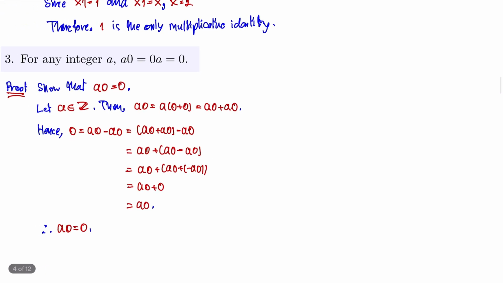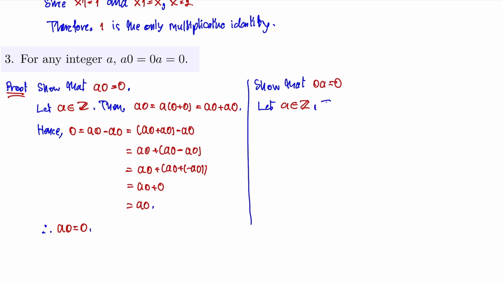And the next one. Show that 0a equals 0. Again, we will let a be any integer. Then we have 0a equals 0 plus 0a, right? 0 plus 0 is 0.